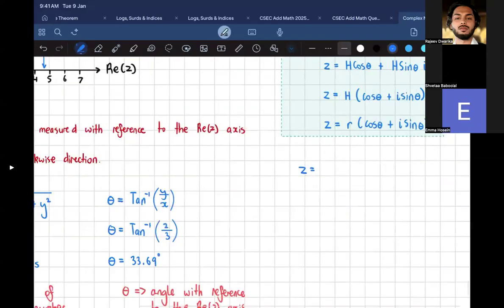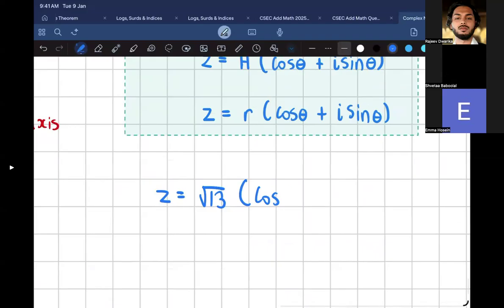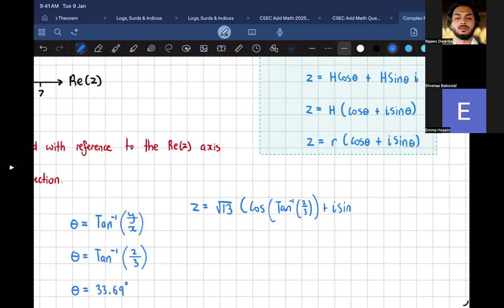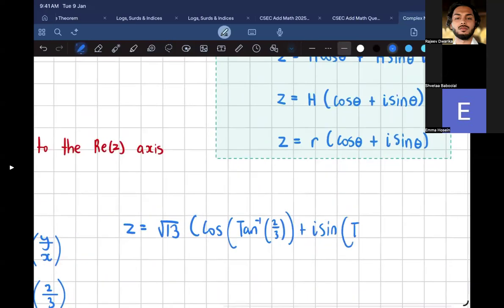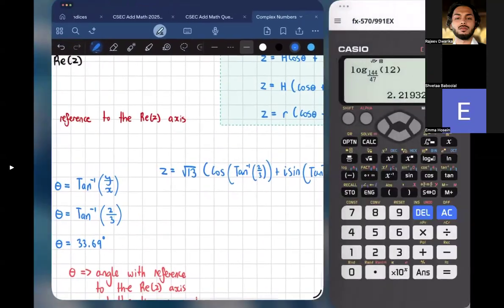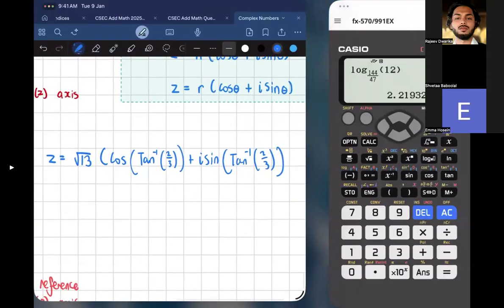We found r to be root 13, and the exact angle is tan inverse of 2 over 3. So I'm going to plug in the exact things, and you're going to see what happens. Plug it into my calculator, and you're going to see magic. Just keep in mind the original one was 3 plus 2i.